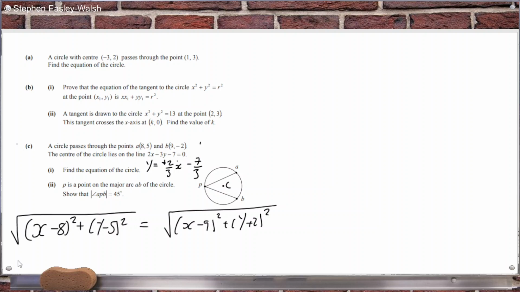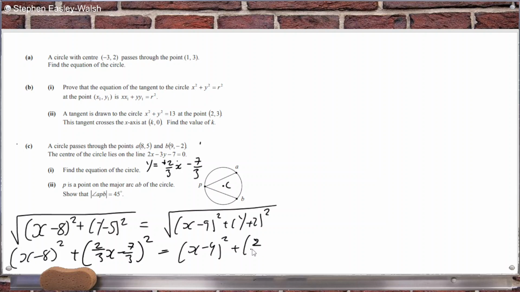So you can get rid of the roots at this point, so you'll have (x minus 8) squared plus (y, which is 2 over 3 x minus 7 over 3, minus 5) squared equals (x minus 9) squared plus (y, which is 2 over 3 x minus 7 over 3) plus 2 squared. Oh, and I forgot the minus 5 there. Okay, I'm going to multiply across by 9.